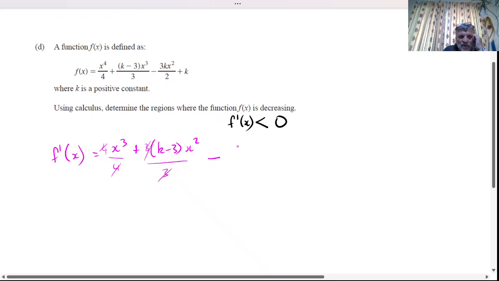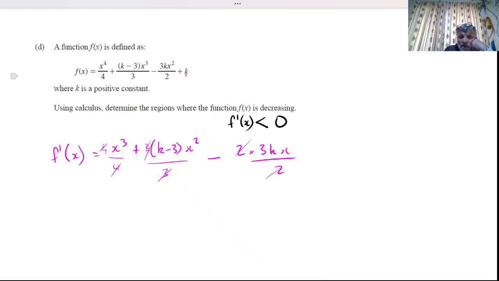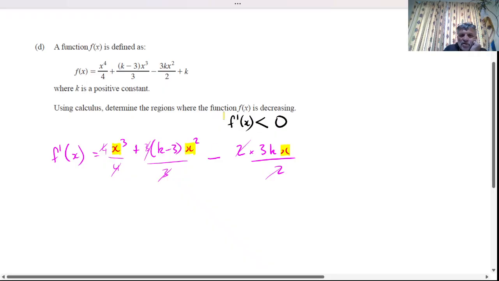And then minus 2 times 3kx over 2. This one cancels. And the constant vanishes when you take a derivative. So the first thing I think you can notice is we've got an x in all of these terms, so we can factor that out.